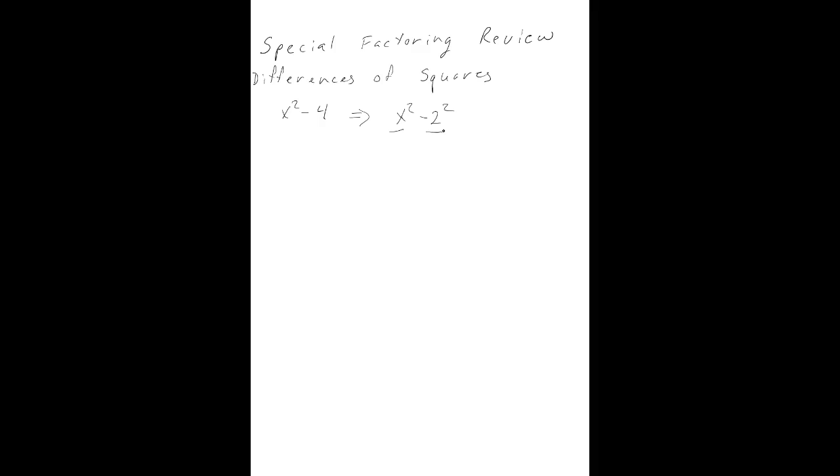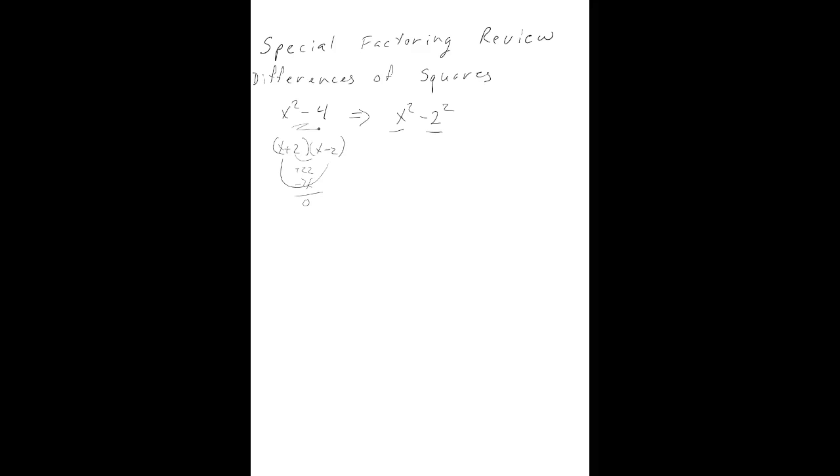And if we were going to factor this, the factors would be x plus 2 and x minus 2. And if you multiply it back out, you notice that you get plus 2x here, minus 2x there, go to 0, so you don't have any middle term when you have the difference of squares.